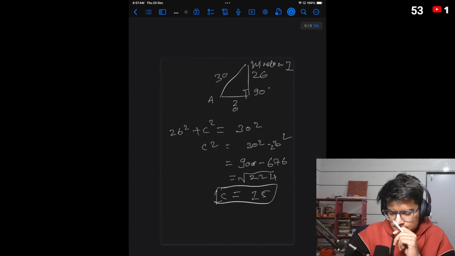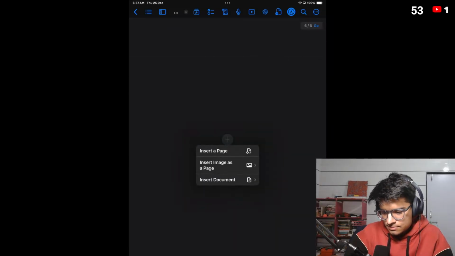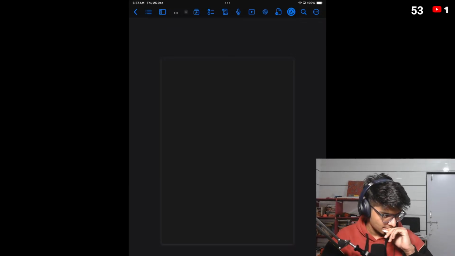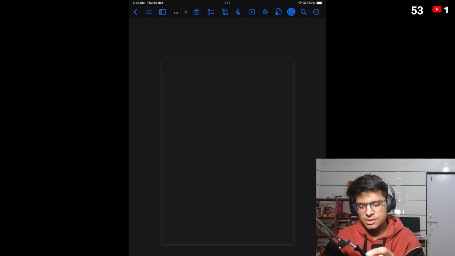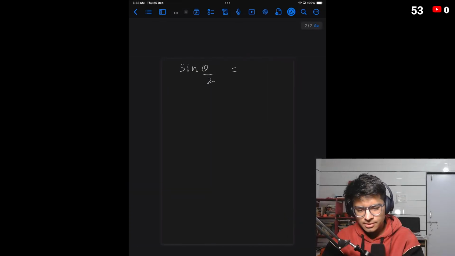What is it? If sine theta, and I want to do theta by 2, do I just do 13 by 15 upon 2?